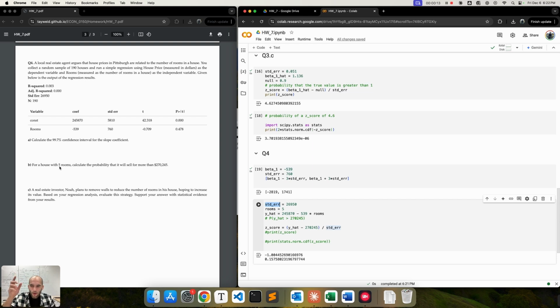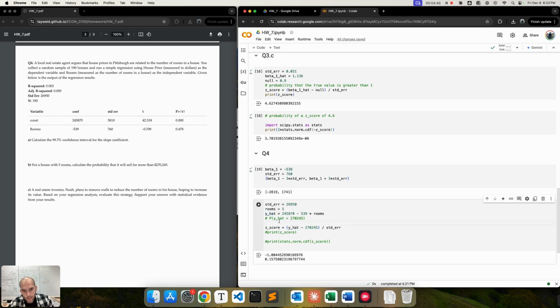Like we did before, we're going to make a prediction given some particular x value. We also have the standard error, so like we've done before, we can construct a z-score. We have the variability coming from the variability around the model, and then we have our prediction.